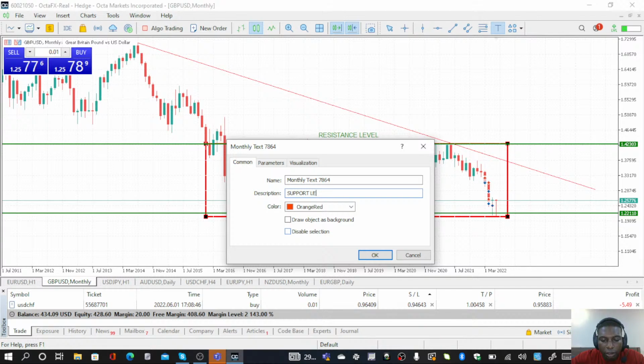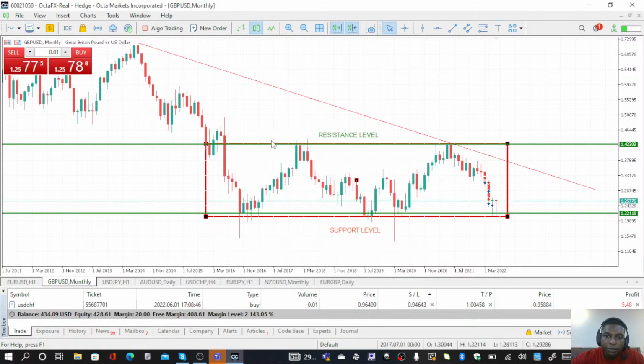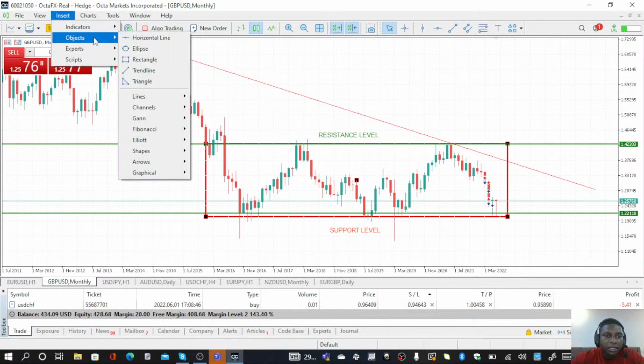Now, we have been able to identify that the market has been in a consolidating form from 2015 to 2022, in which we are currently at. And we are able to identify that there have been two resistance levels marked on the monthly time frame. Now let's identify these resistance levels. I will use the ellipse to identify them.